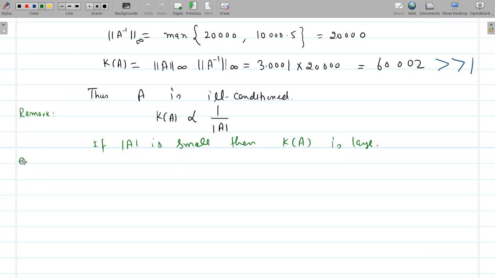Let us take one more example, of how to find relative error bound. Let us take a 2 cross 2 example.